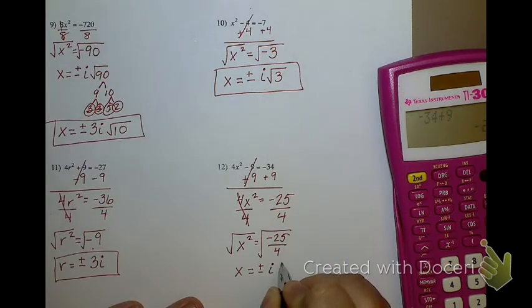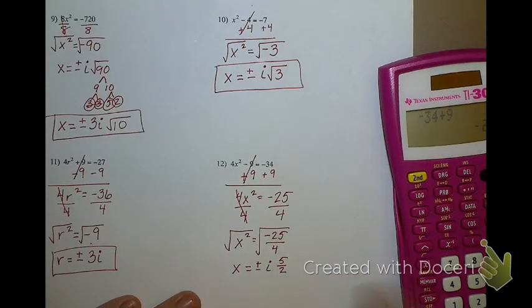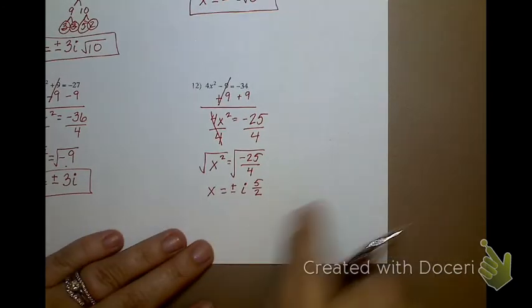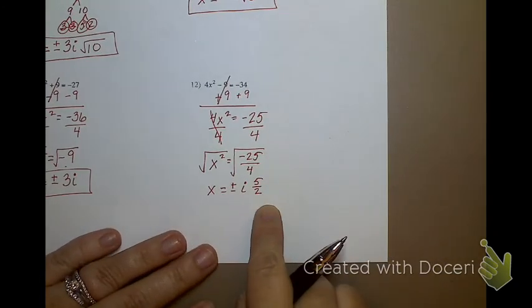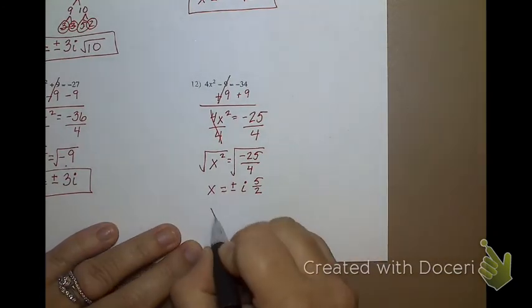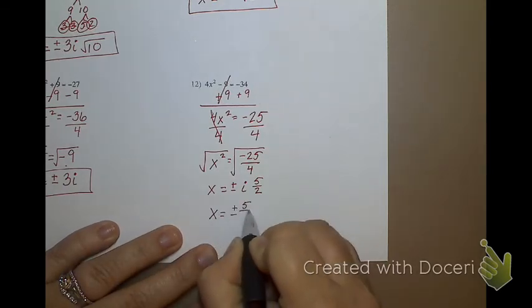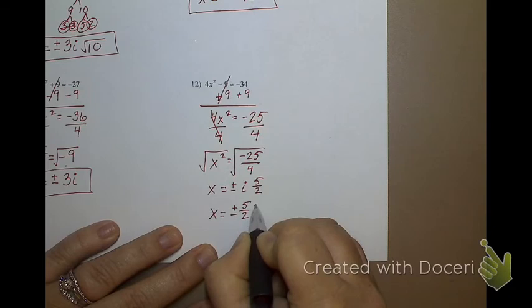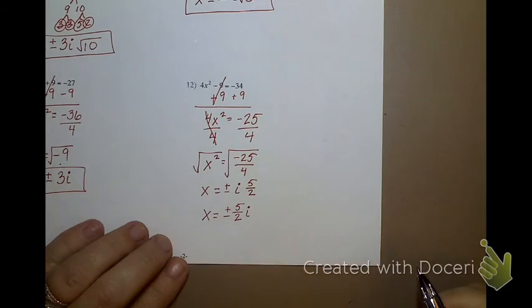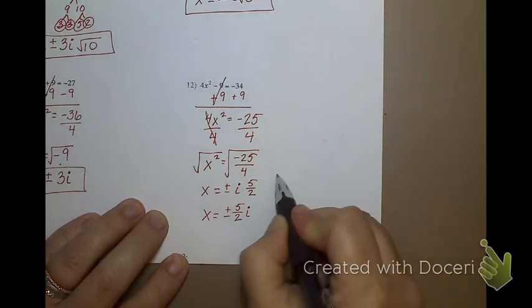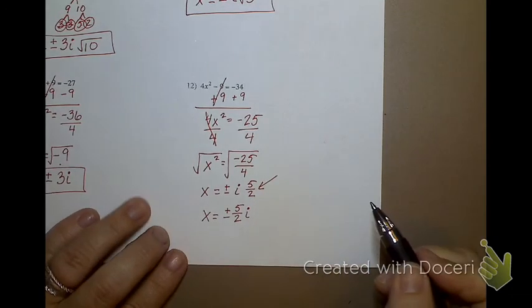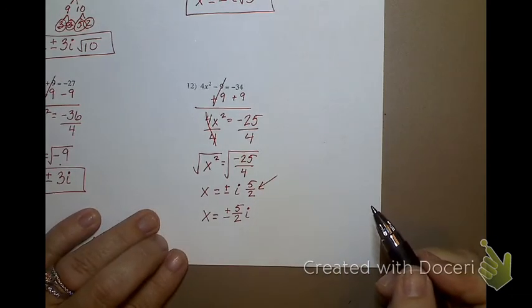And now what? i 5 over 2? But that looks funny. Doesn't i 5 over 2 look funny? Yeah. So what we would actually write is plus or minus 5 over 2i. You write the i last. Does it matter which way you do it? This right here looks like a kindergartner that has no idea what they're doing.